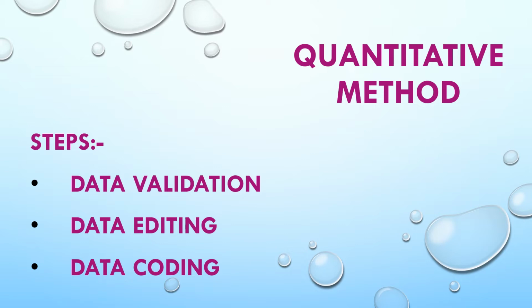For example, 10 to 20 in one group, then 21 to 30 in another group, and likewise. Then it becomes easier to analyze small data buckets rather than looking into the 1,000 sample size. So these are the three steps: data validation, data editing and data coding.